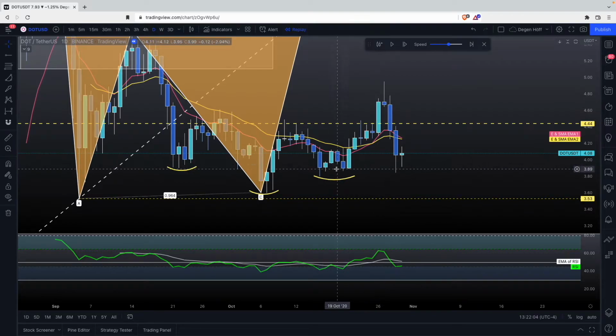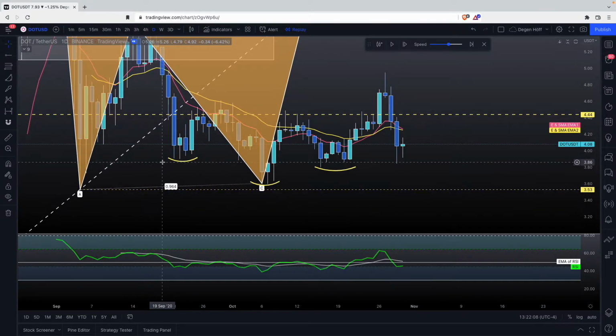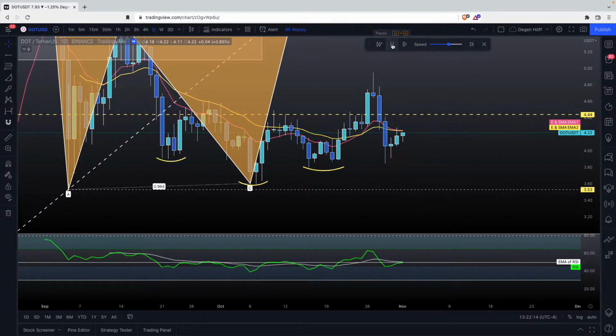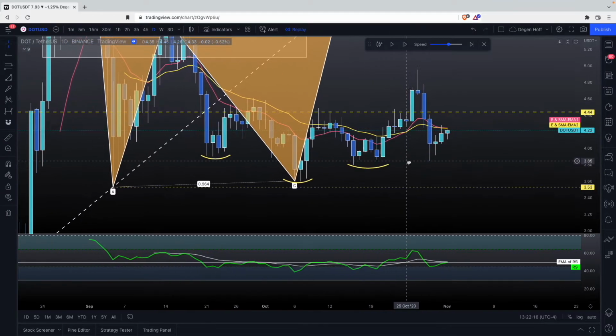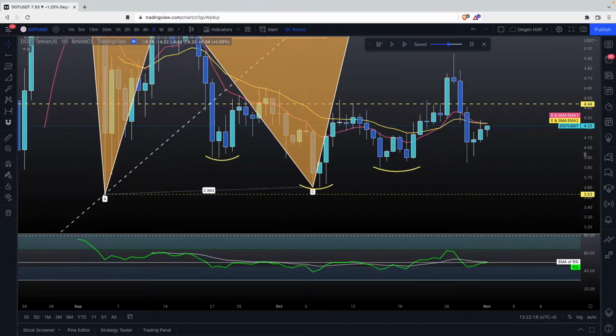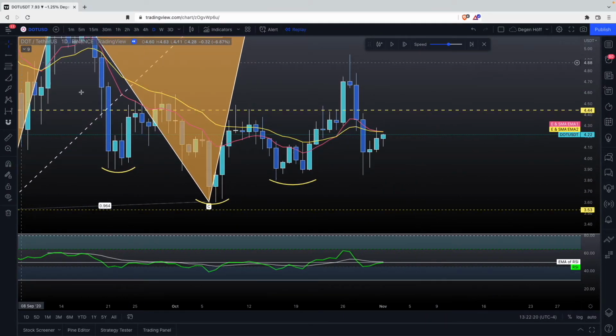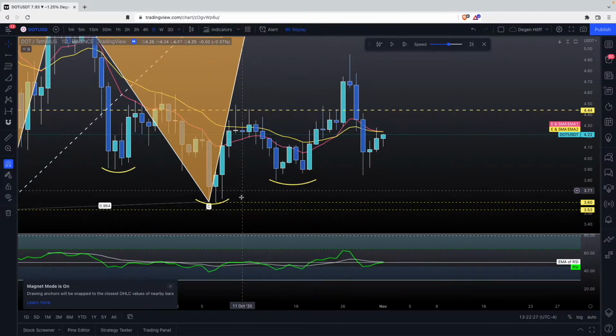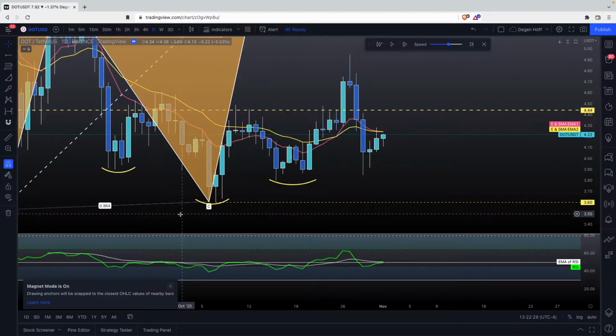Now it's finding major support in this zone, so that's starting to develop as a reactive zone. The other thing happening now, these are protected lows. That right there. Forget this one.